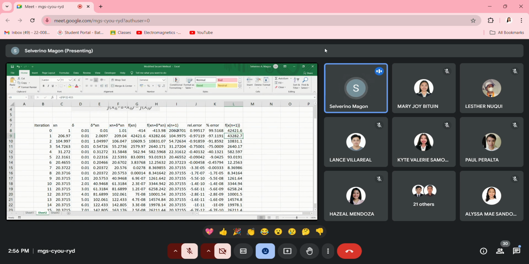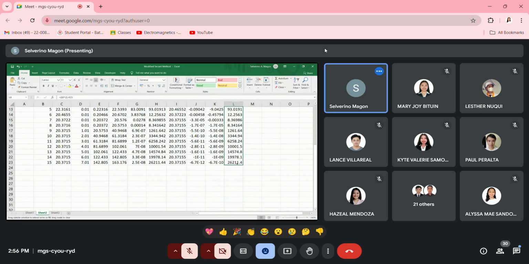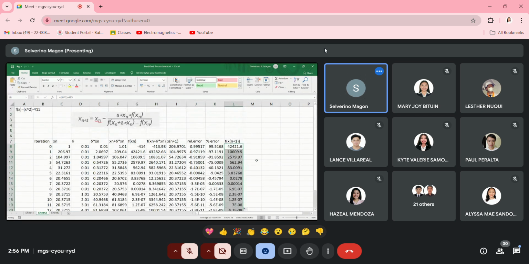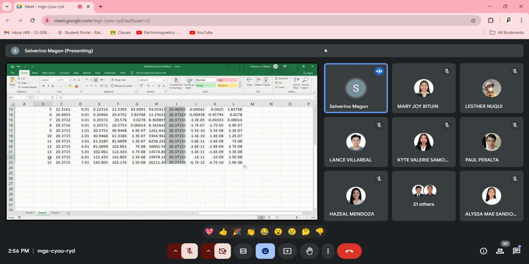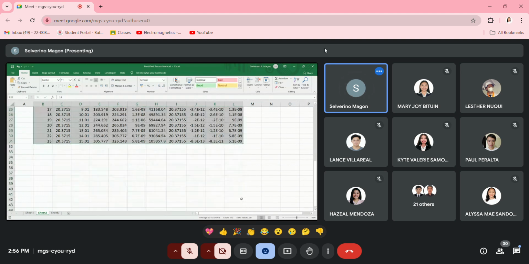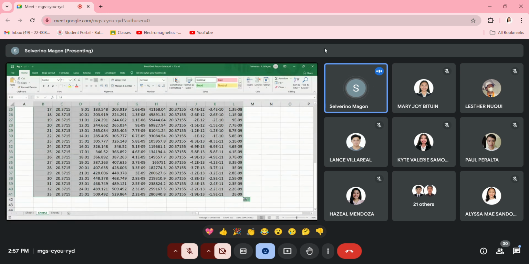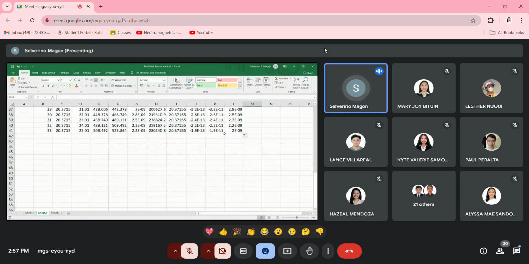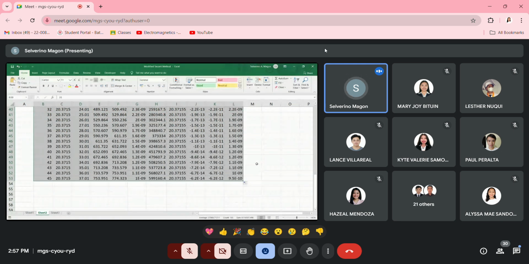So this is the new solution. Okay, so it's supposed to reach zero anytime soon, or it's able to calculate still. So anyway, we're expecting this to come up with a lower value.